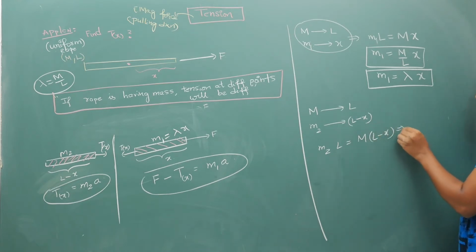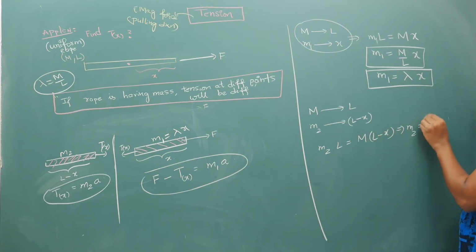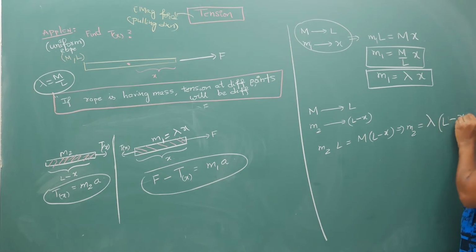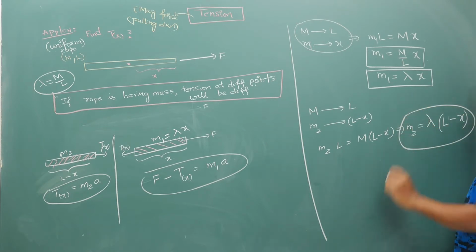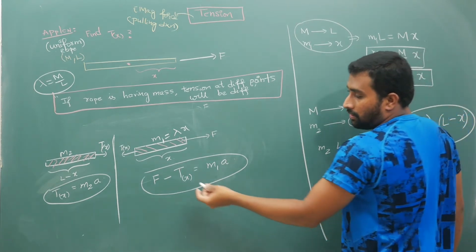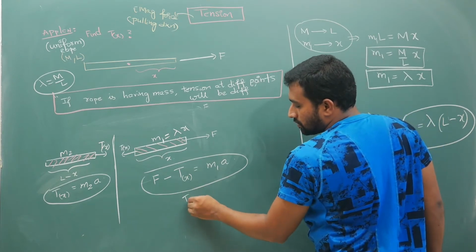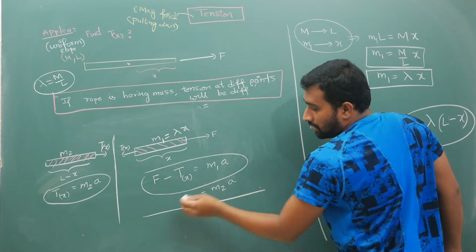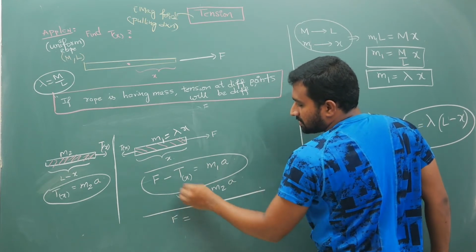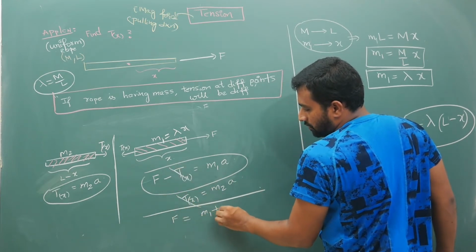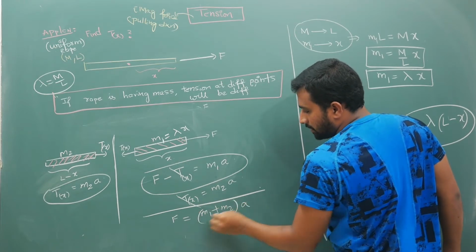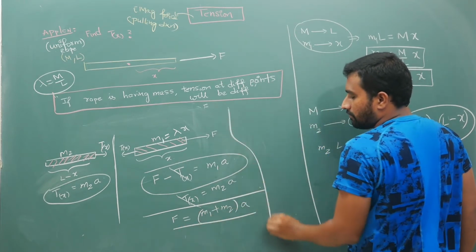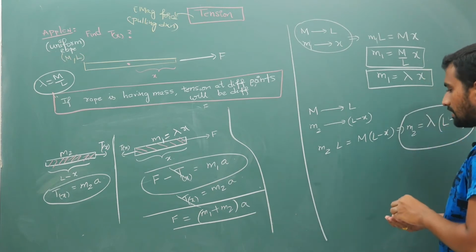So m2 is lambda times L minus x, where lambda is total mass by total length. Now if you add these two, you are going to get force, plus T minus T will go off. You are going to get m1 plus m2 into a.